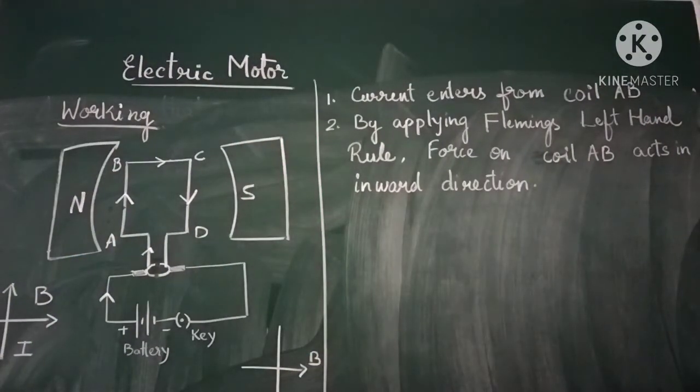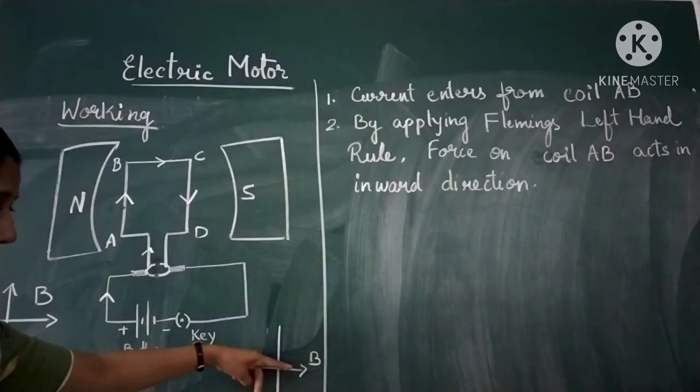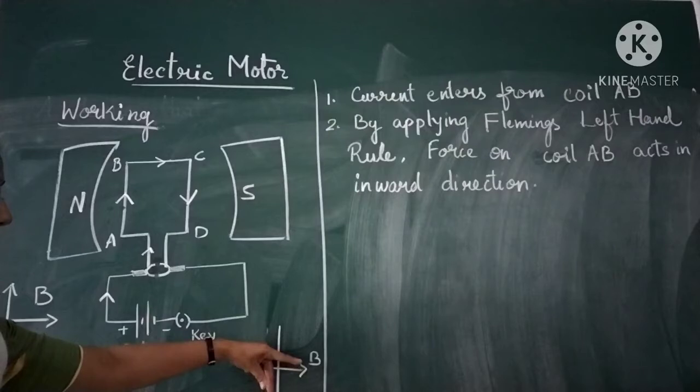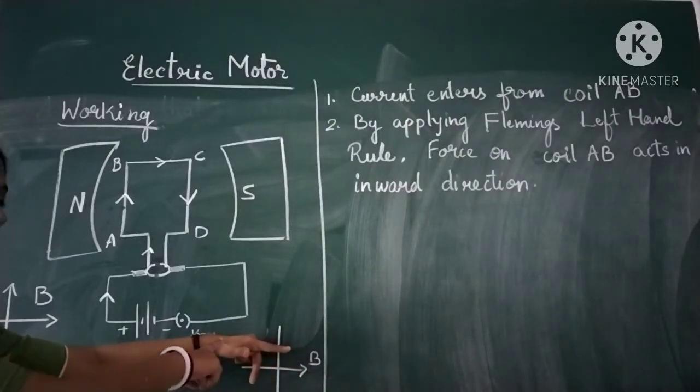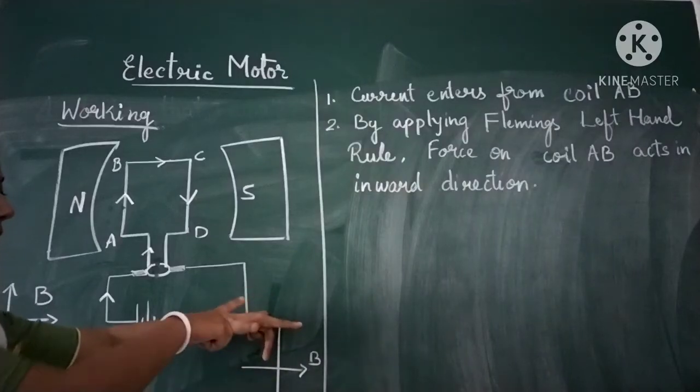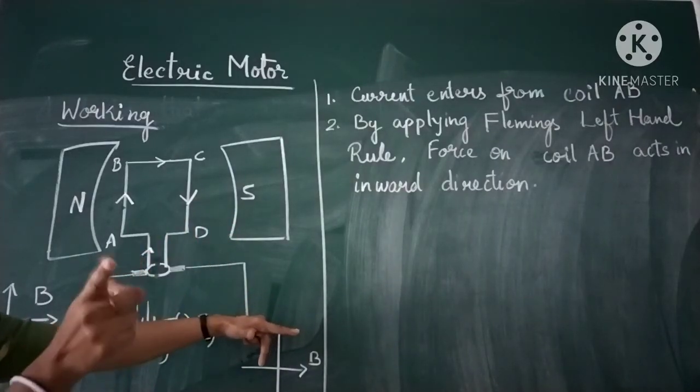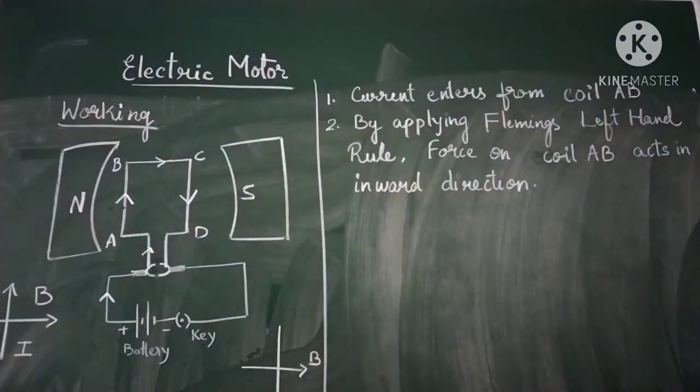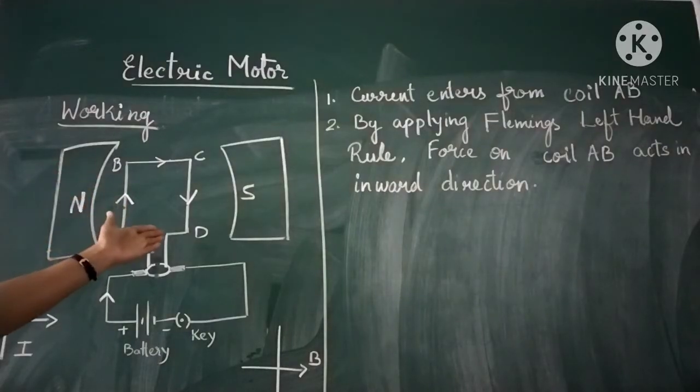This is the direction of the magnetic field, this one is the direction of the current, and now if I open the third finger, that is the force, then the direction of the force is outward of the board, and therefore the armature coil CD will be coming out of the board.